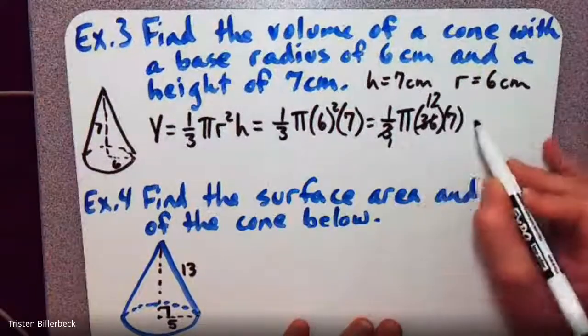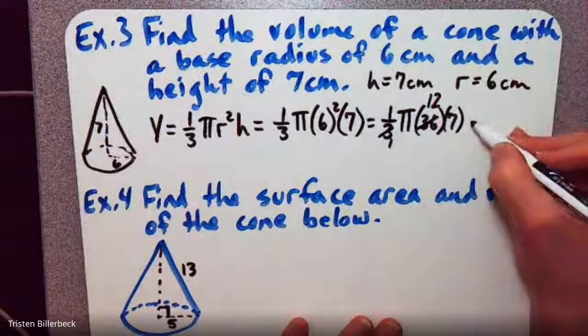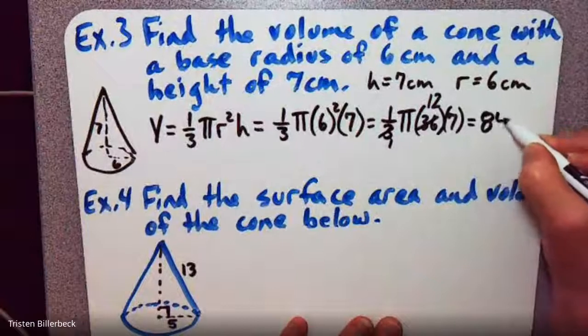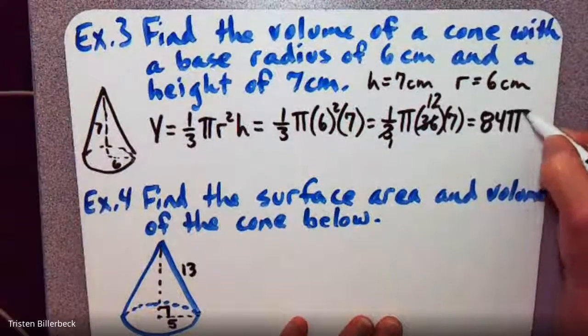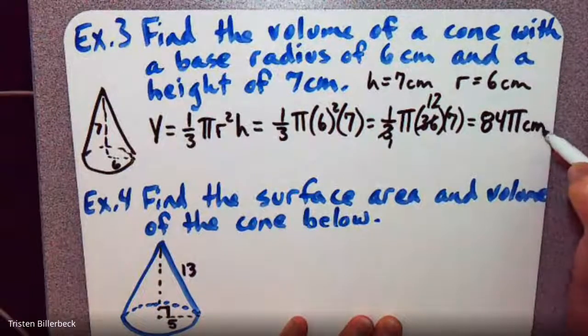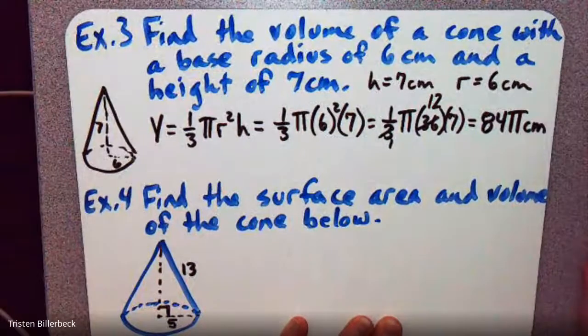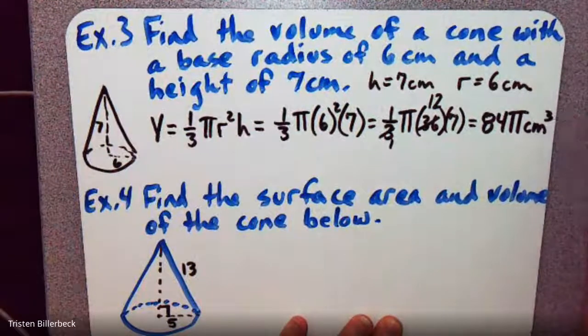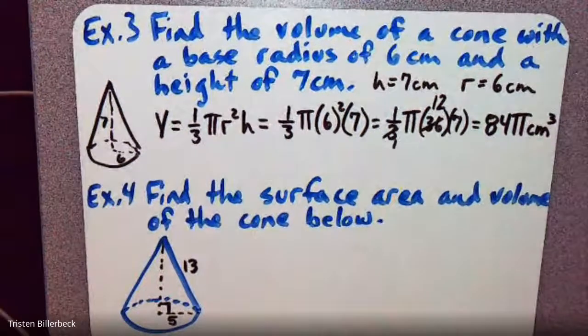So then we have 12 times 7, which is 84. So we have 84 pi, and our units are centimeters, and it's volume, so it is three-dimensional. There you go. So centimeters cubed.